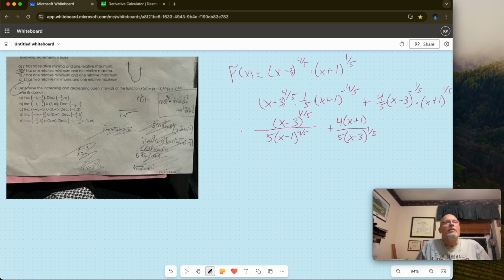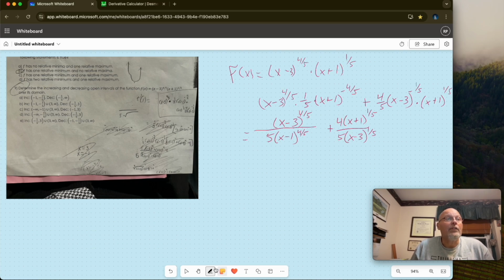Now what we need to do in order to figure out the end behaviors and around the interesting points is we're going to need to get this to a common denominator. What you'll notice here, this is to the 1/5. By doing that, I'm going to end up getting 5/5 of both of these terms on top, which I like.